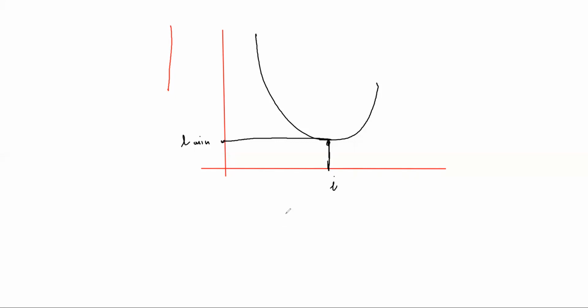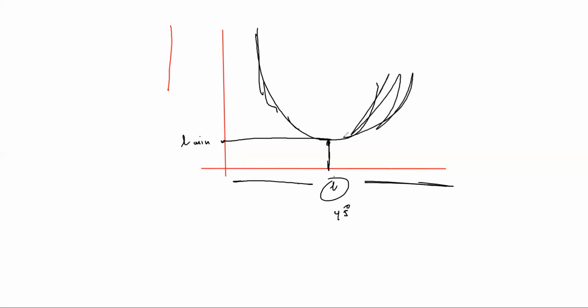Suppose the value of I is 45 degrees. If the value of I is less than 45, delta is more, right? If the value of I is more than 45, delta is again more. Delta is again increasing. This point on the curve is the minima of the curve.